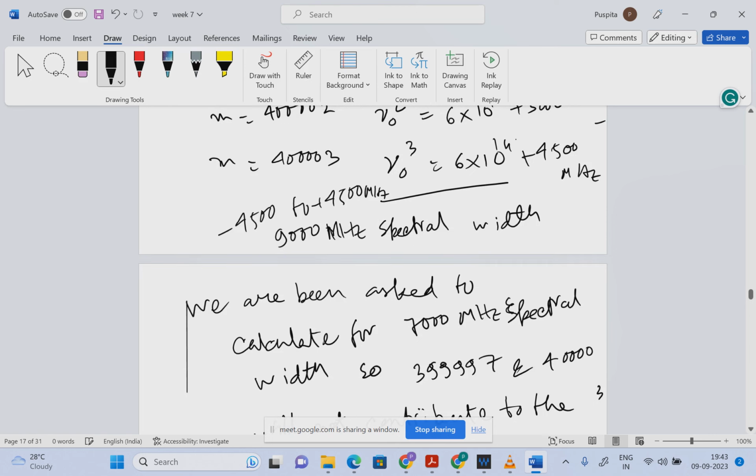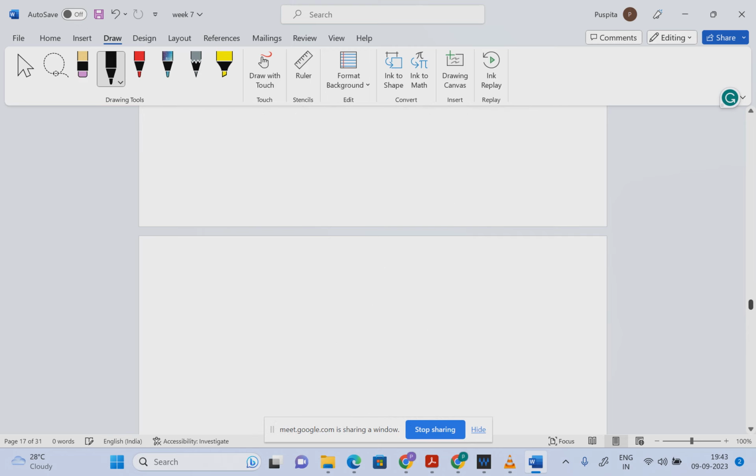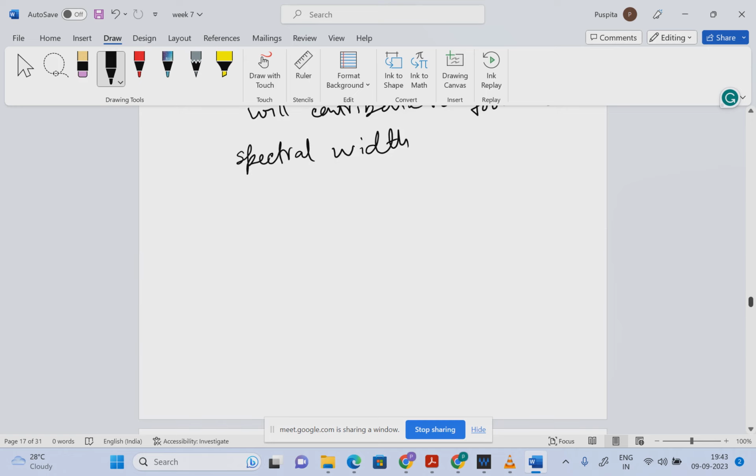Now the spectrum corresponding to this question.